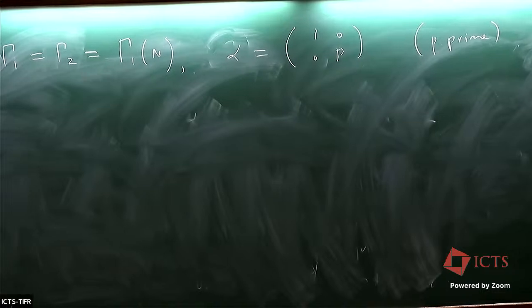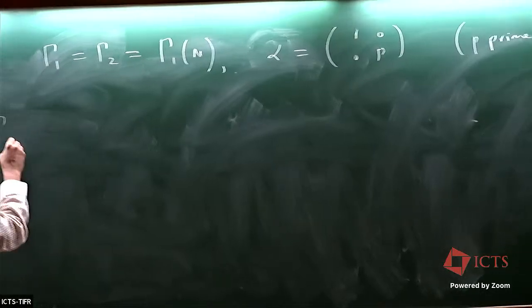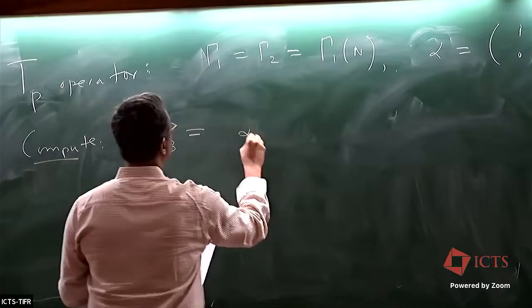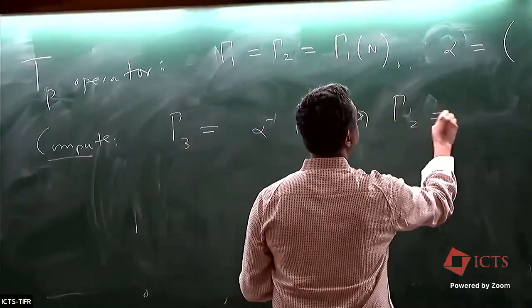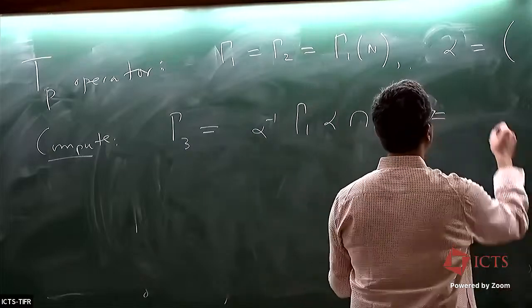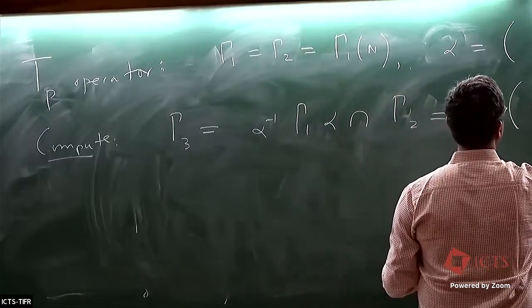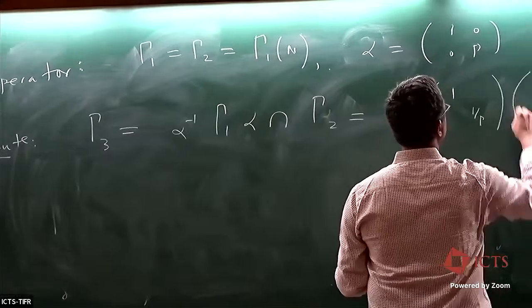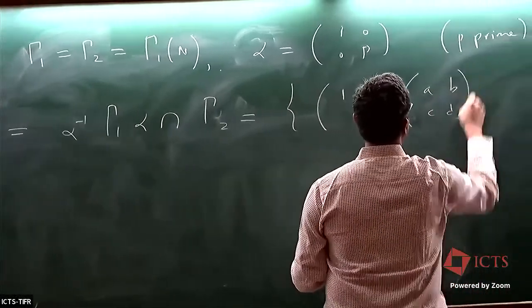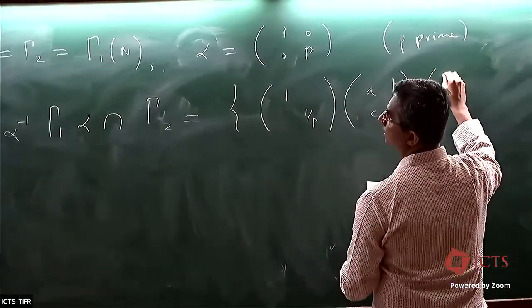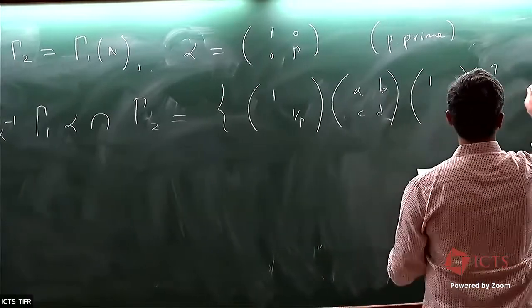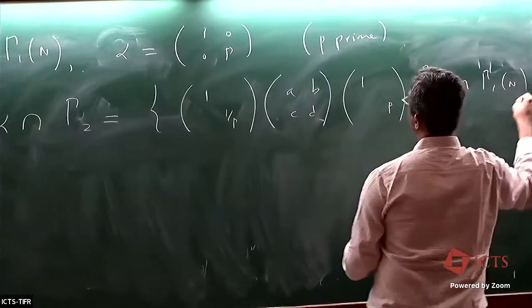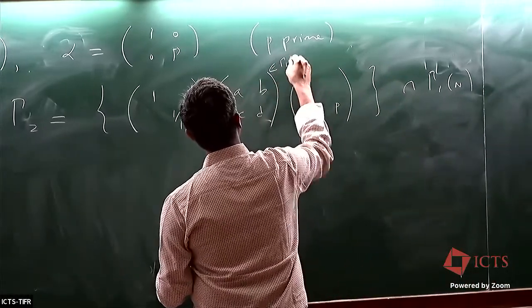All right, so let's compute. What is gamma 3? Gamma 3 is, by definition, alpha inverse gamma 1 alpha intersected with gamma 2, but everything is simple now. They're all gamma 1(N). Let me write this out a little bit: (1, 0; 0, p) times (A, B; C, D) times (1, 0; 0, p) inverse, intersected with gamma 1(N).